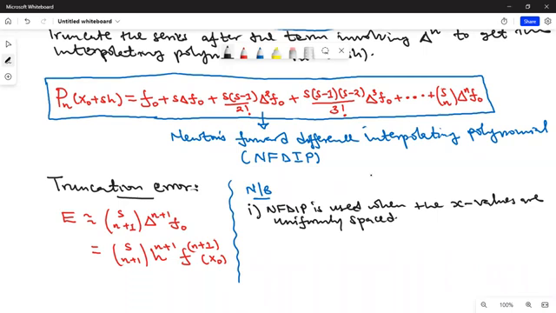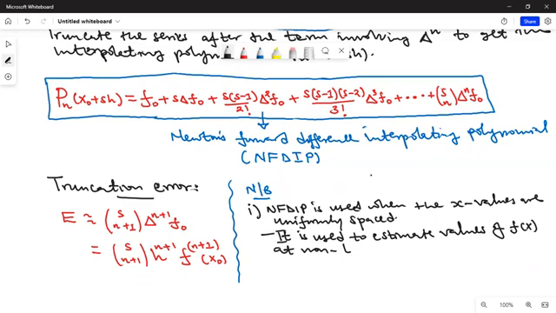It is used to estimate values of f of x at non-tabulated points, which are close to the beginning of the table. The start of the table.